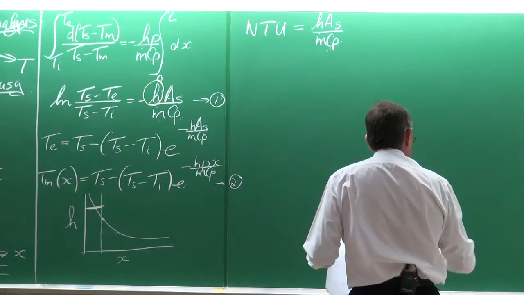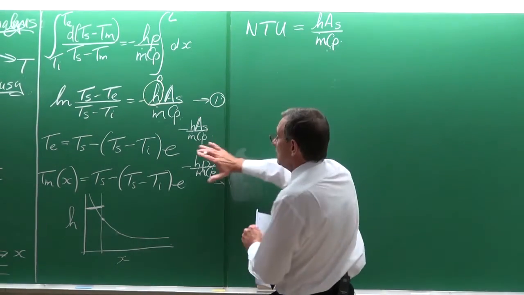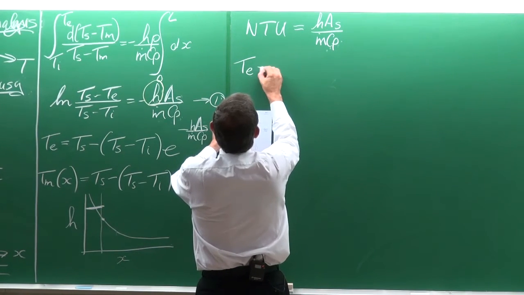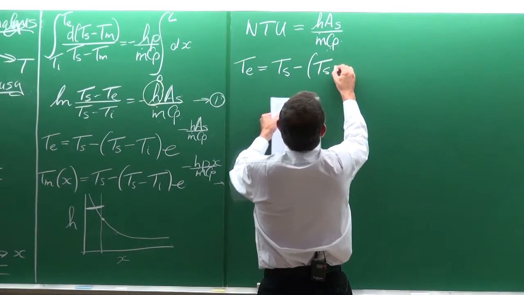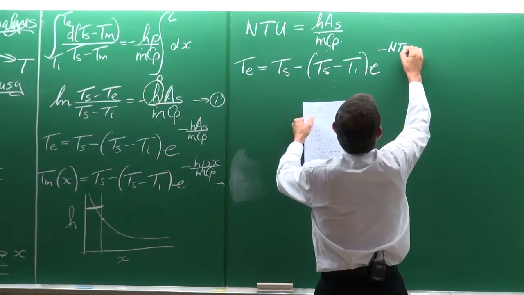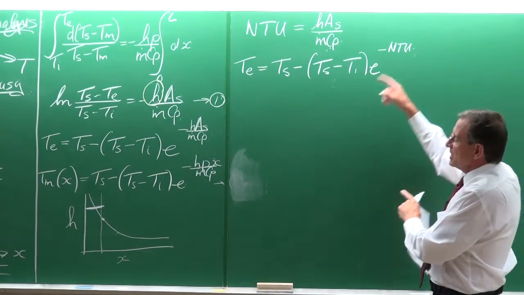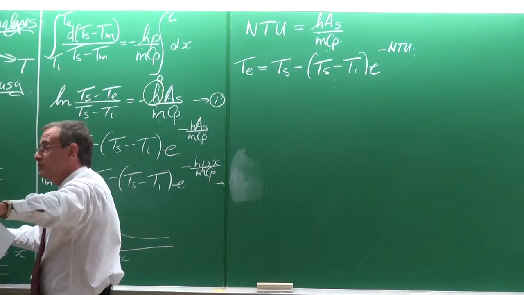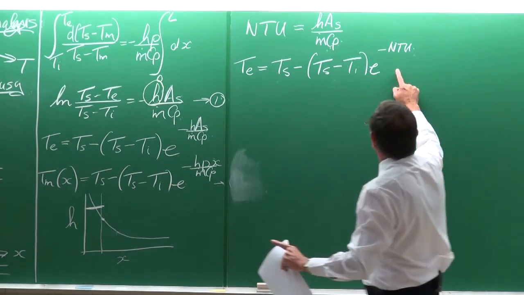But for the moment, if we have this as a definition, then obviously these two equations can be written as: the outlet temperature is equal to the surface temperature minus (Ts minus Ti) e to the minus NTU. If you now imagine the total length L of the tube, you're going to use the total surface area to calculate the outlet temperature.